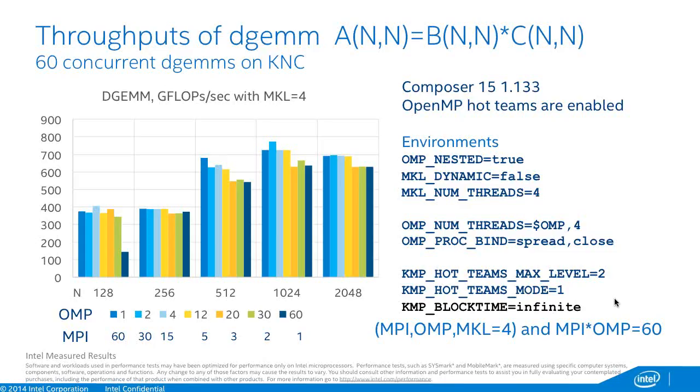But the variation is very negligible. It means that you can just pick and choose. That's the adaptability we come back to.